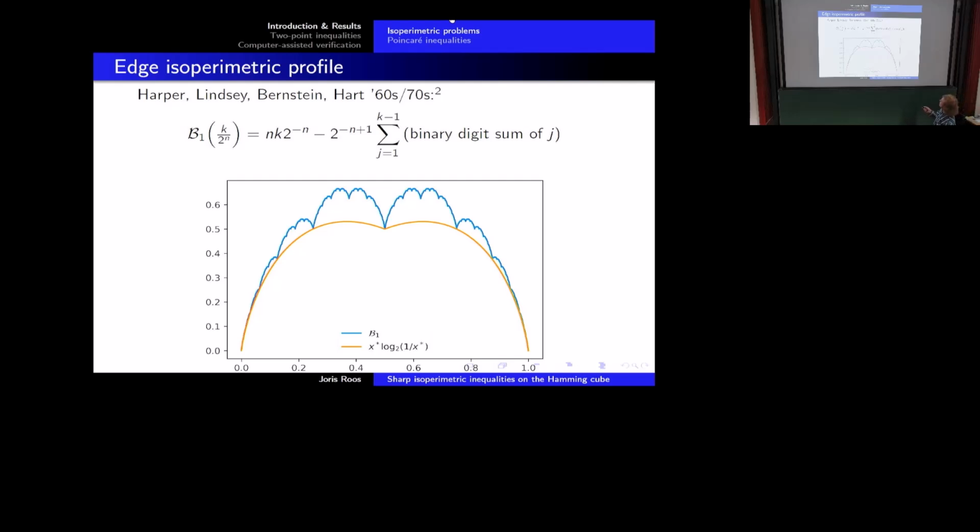So a natural question that you might ask is, well, which sets give rise to these intermediate points on this plot, right? So what are the extremizers for other volumes than 2 to the minus k? And they actually also take a really simple shape. You take a certain volume and you start ordering the vertices of the hypercube in lexicographic order, and you take the first that many as you need to achieve that volume.